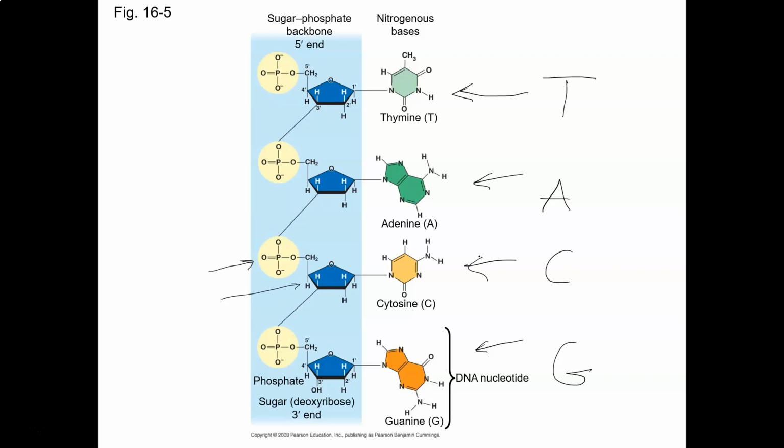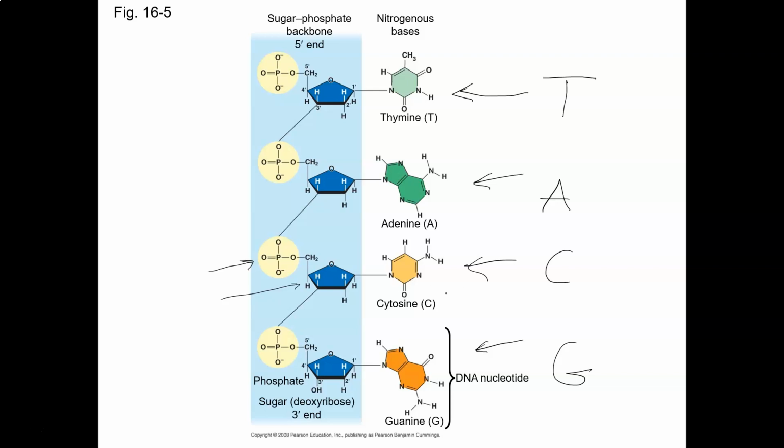So again, I think this is a large part of the reason why it took scientists a long time to realize that something this simple in terms of its makeup could carry so much information. And we'll see how it does that in a later lecture.